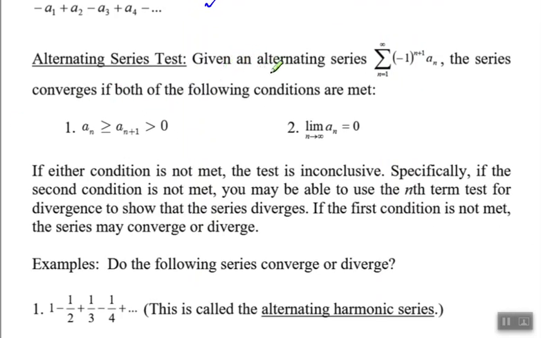First of all, the first condition is that it has to be alternating. A lot of times it's going to be in this form, -1 to the power of n plus 1. That'll make it alternate. And this second condition must be met. I'll actually change that to a 2. What this means is that it's decreasing.